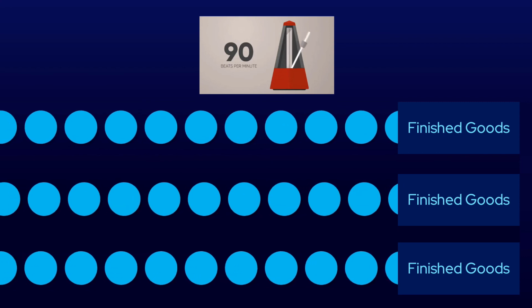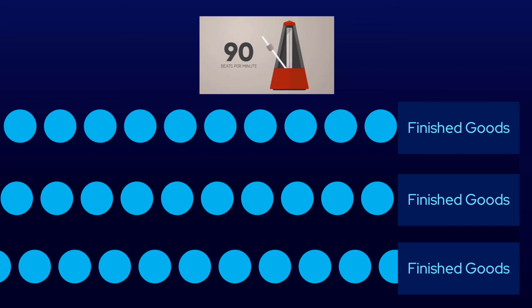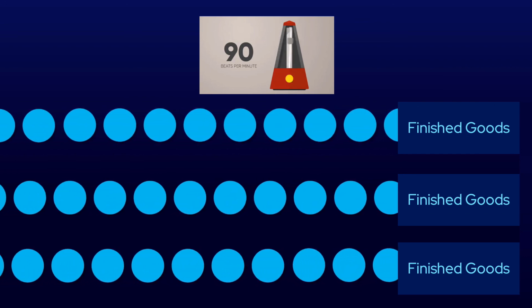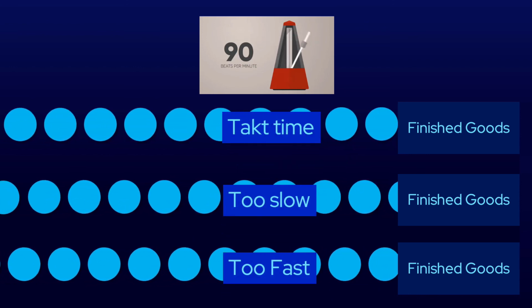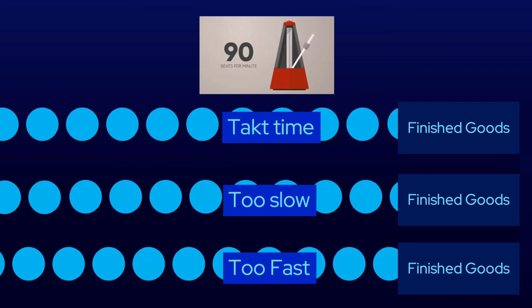Before we summarise what we have learnt, I would like to point out the practical use of takt. Takt is particularly useful for managers as a way of monitoring progress. They can compare the current state of production with the takt and identify whether they are producing too slow or too fast.